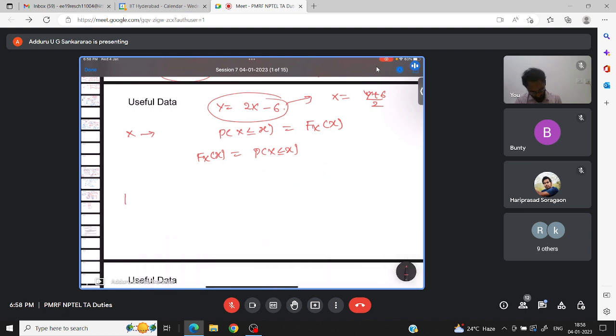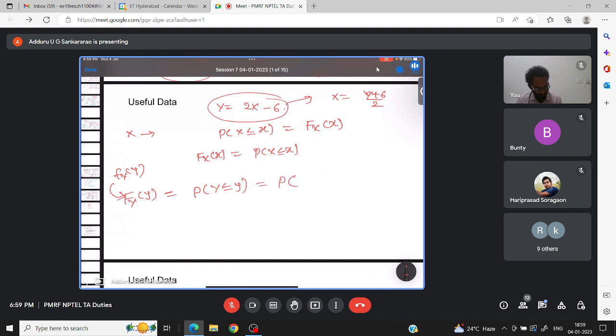First I want to find Fy(y). Actually I want the PDF of y, so for that I need to find the CDF, then I'll differentiate. So what is Fy(y)? By definition, it is the probability of Y less than or equal to y.